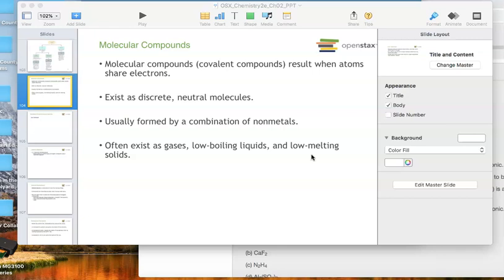Sodium chloride is table salt, and it will not melt at the temperature of a Bunsen burner, which is around 1200 degrees Fahrenheit. But sucrose, which is table sugar, will melt. The formula for sucrose is C6H12O6. Those elements are all nonmetals, so sucrose is a molecular compound.